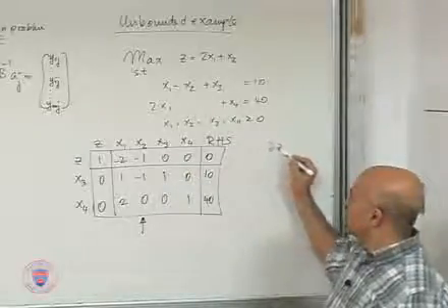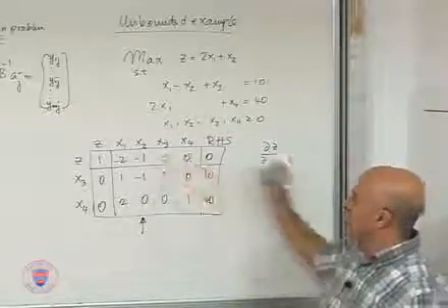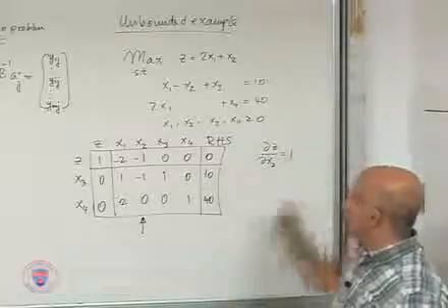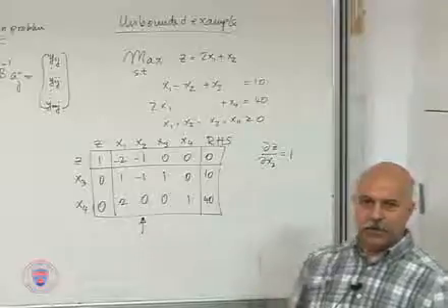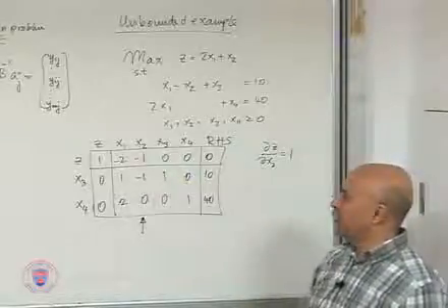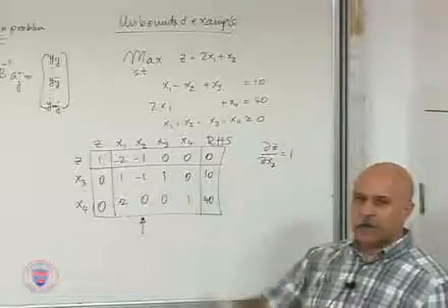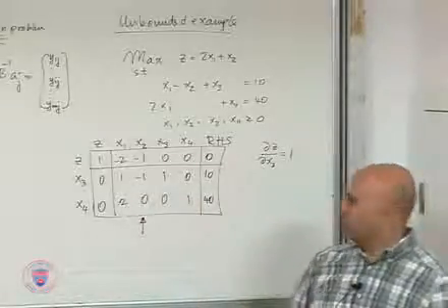So the rate of change in z as a function of x2 is 1, which means it's going up by 1 unit for each unit increase in x2. There's no ratio to test for. All these numbers are negative or 0.